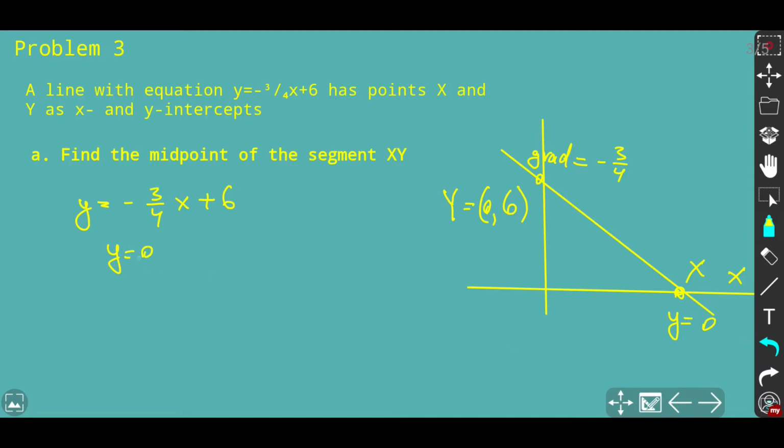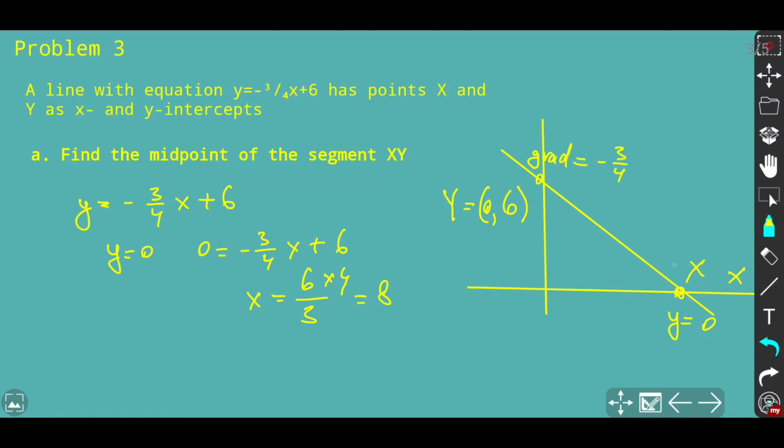So from here we equate to 0 and we have the following, from where x is going to be equal to 6 divided by 3/4. Or in other words, you just need to divide 6 by 3/4. That's what you have in this case. So you cancel and you get 8.